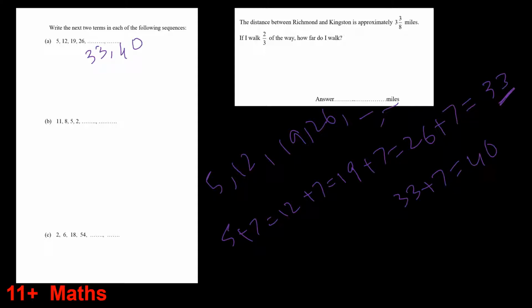The next one they're saying is 11, 8, 5, 2. So what we will do here is 11, then 8, then 5, then 2, and we have two more numbers we have to find in the series.